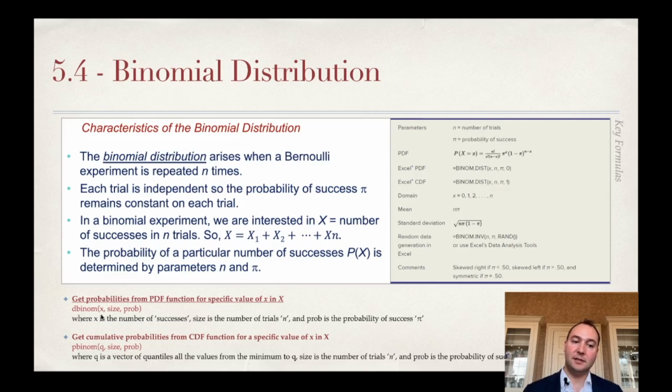And x is the number of successes, size is the number of trials, and probability is the probability of success on each one of those trials, pi, right? To get the cumulative distribution function, the CDF, we can use the function pbinom. Q is the vector of quantiles, all the values from the minimum to q. Size is the number of trials, and probability is the probability of success, pi.